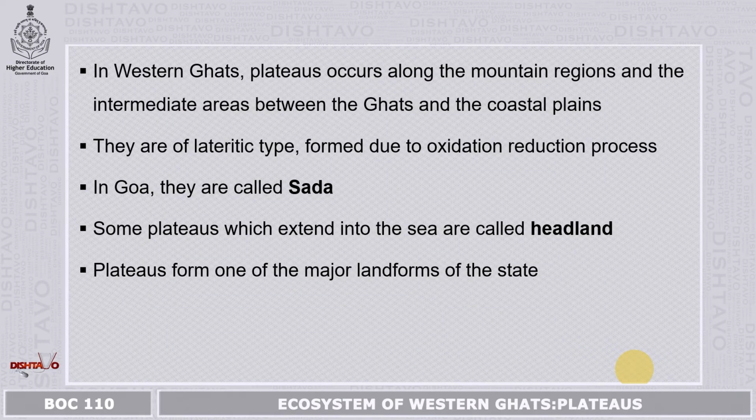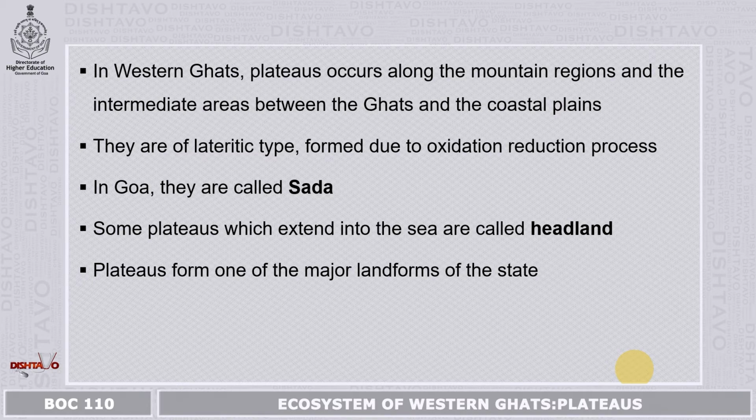In Western Ghats, plateaus occur along the mountain regions and also in intermediate areas between the Ghats and the coastal plains. In Western Ghats, they are mainly lateritic type, formed due to oxidation reduction process. In Goa, these plateaus are called Sada.